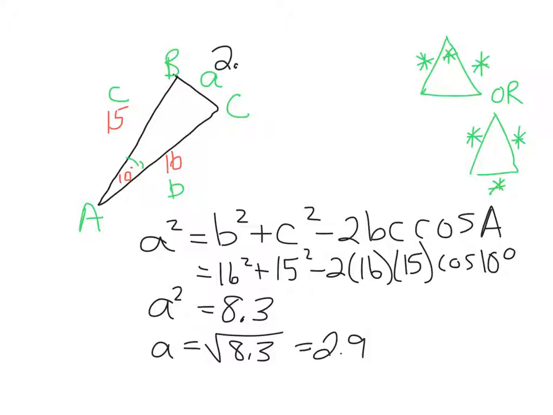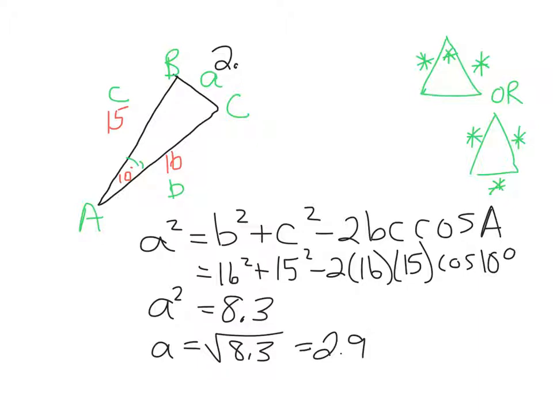So now that I know all three sides in my triangle, 15, 16, and 2.9, I could calculate a missing angle if I want to with cosine law. So let's try that. I'm just going to do it up in this corner.